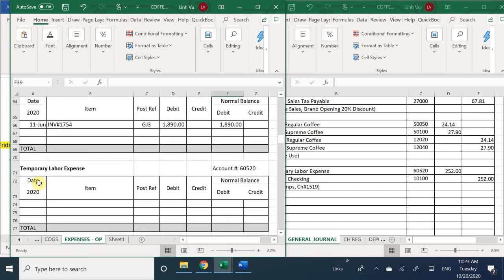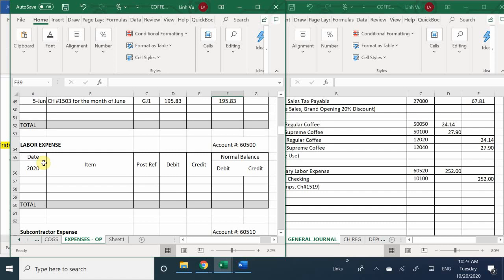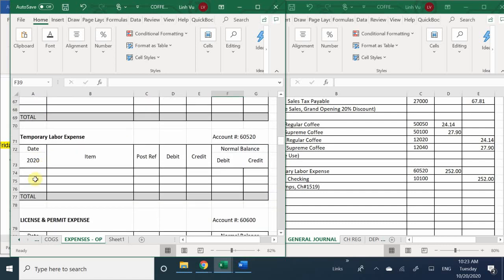We have the temporary labor expense right here, under the main category of labor expense. So I'm going to write here, 21st of June. What do you want to write in the notes? Check number 1519.